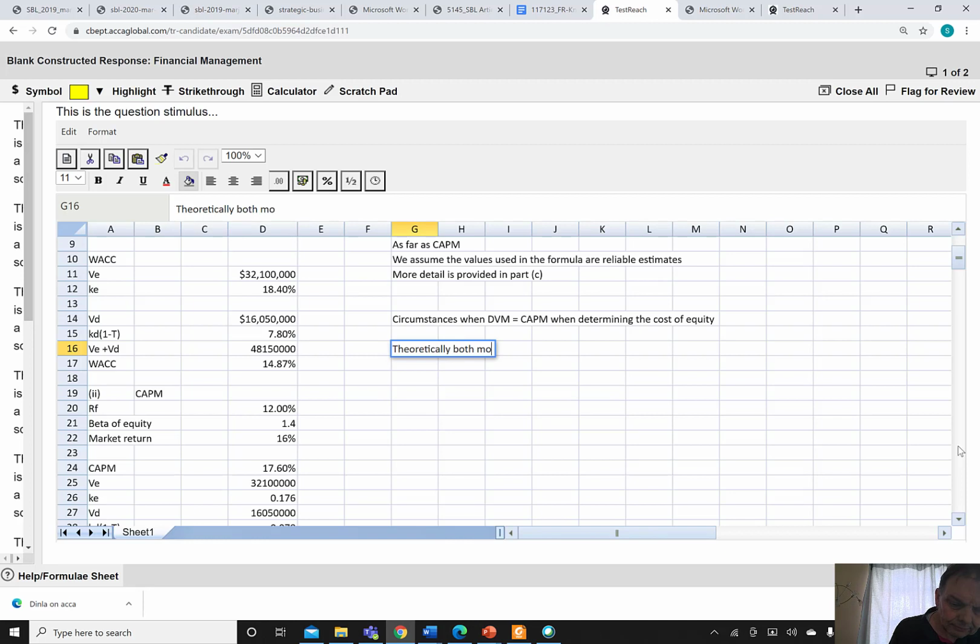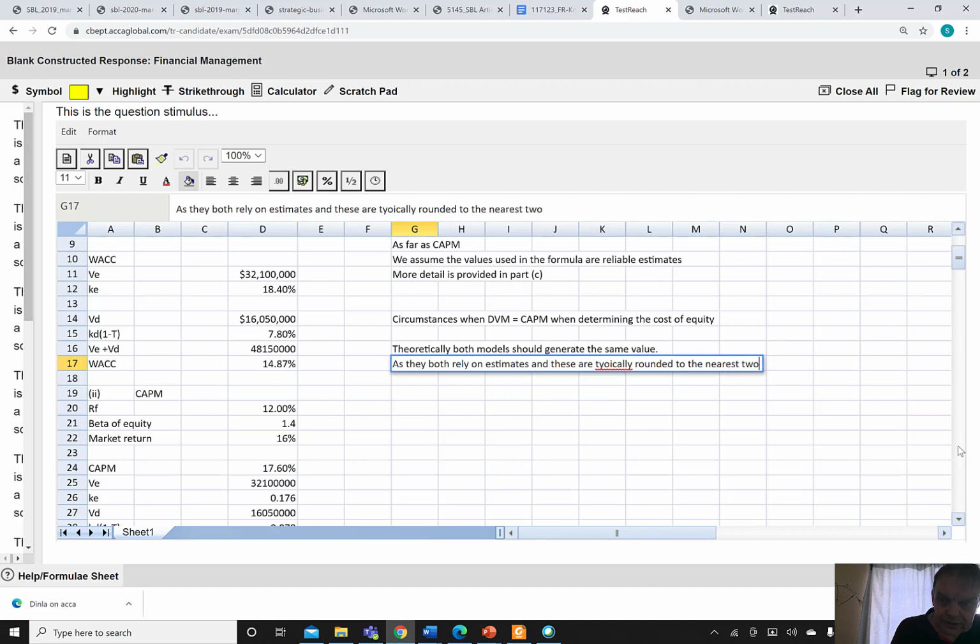both models should generate the same value, as they both rely on estimates, and these are typically rounded to the nearest 2 decimal places.